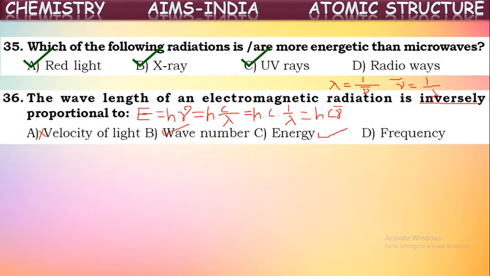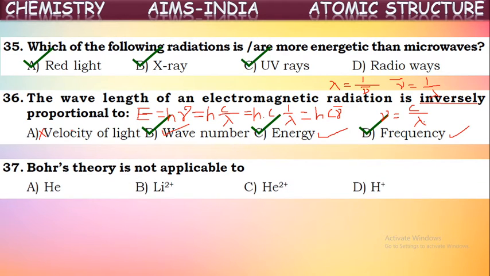What about frequency? Frequency also, because nu is equal to c by lambda. So from this equation, nu is inversely proportional to wavelength. So wavelength is inversely proportional to frequency, energy and wave number. But it is directly proportional to velocity, so it won't come under. Except this, the remaining three are inversely proportional to wavelength. So BCD is the correct answer now.